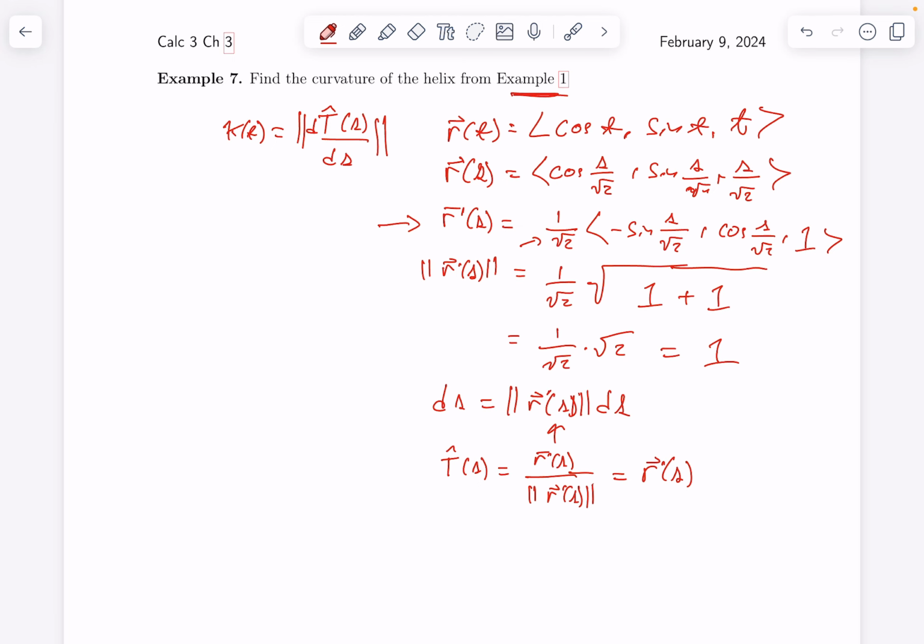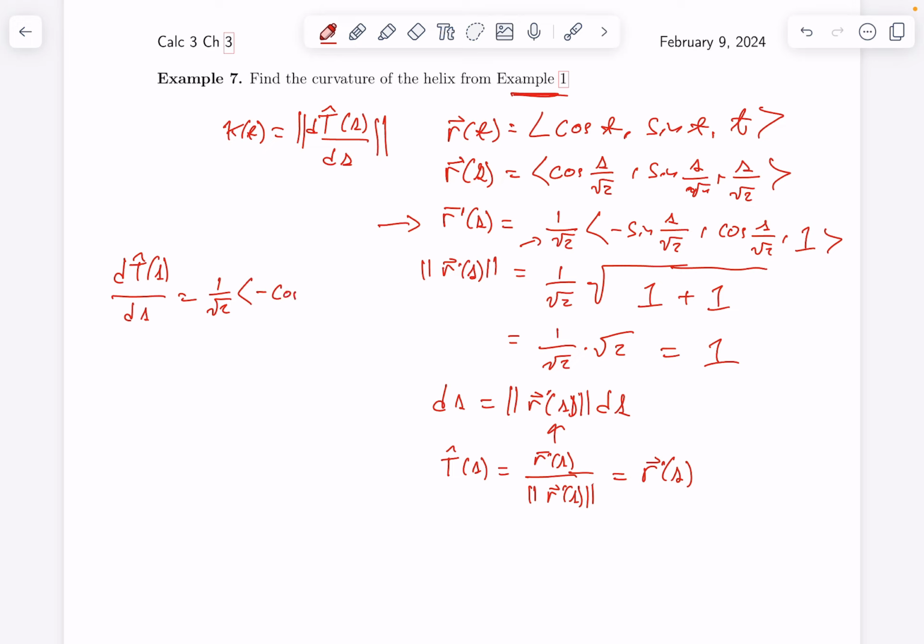Now I need to take the derivative of this thing with respect to s and then take its magnitude. So dT hat of s over ds equals 1 over square root 2 times the derivative of all that.